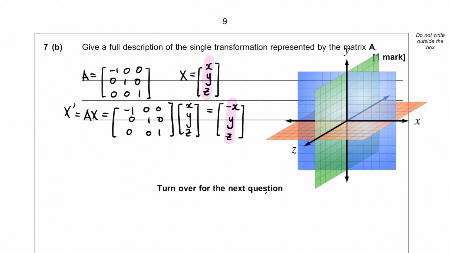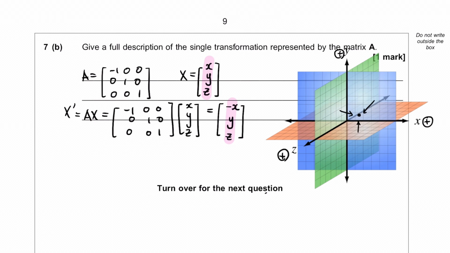So if our x, y, and z are all positive, it should be all in the positive axes. Let's say this side is positive, this side is also positive, and this side is positive. Then it should be in here, above the orange plane, right of the green plane, and going towards yourself from the blue plane.